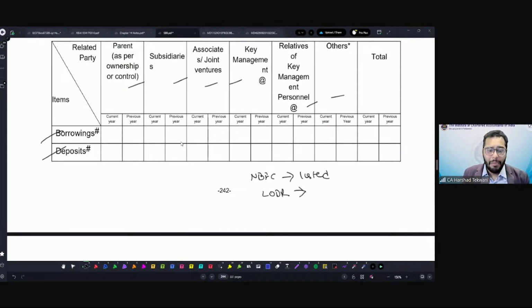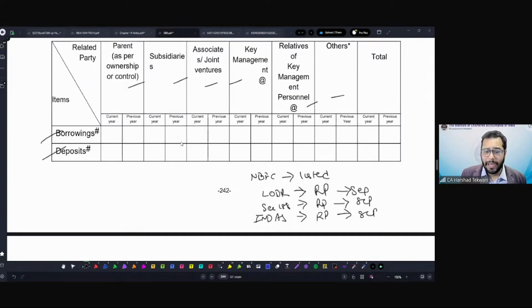Okay, so LODR might have a related party requirement that is separate. Companies Act section 188 might have a separate reporting requirement. Okay, related party transaction reporting, that is separate. Your NDS might have a separate reporting requirement.